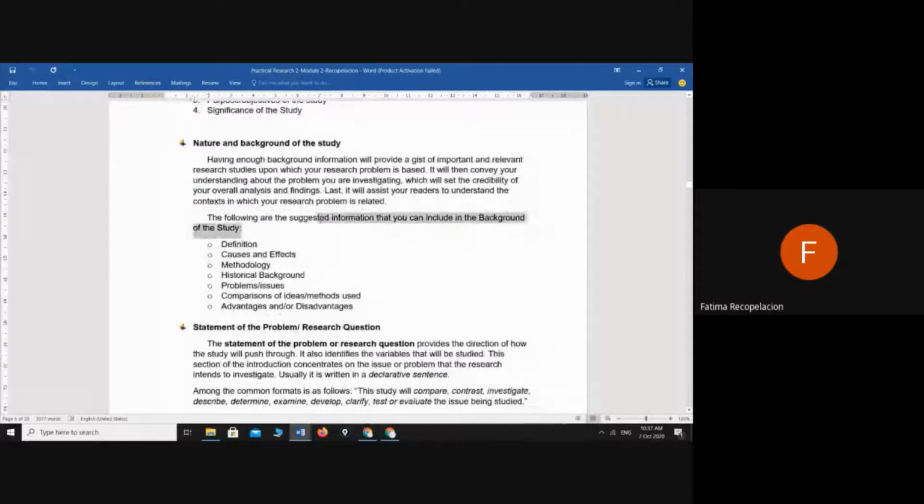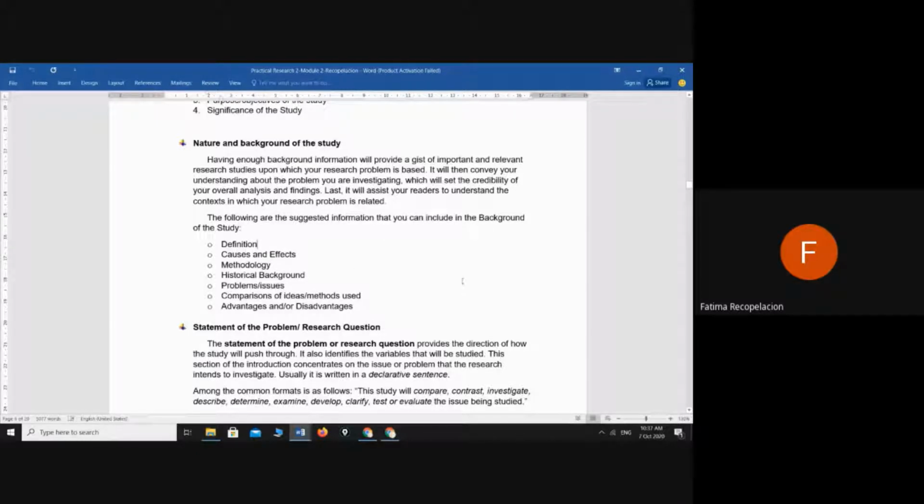Okay, these are the suggested information that should be seen in your background of the study: the definition, the definitions of terms, of course, the key terms that are found in your study, especially in your research title. Right? The main factors in your research title should be defined.